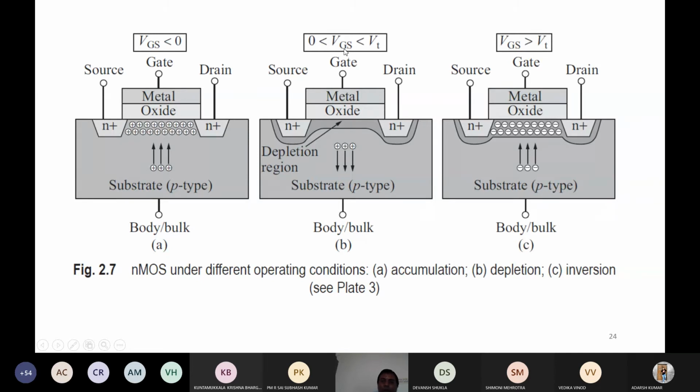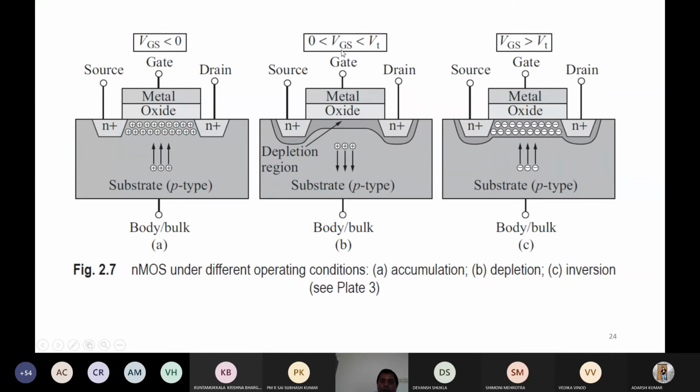If the gate voltage is positive but less than the threshold voltage, then there is this depletion region shown. But n plus is forming a PN junction with the P region. So an n plus P junction is formed here. There is a barrier, no conduction is possible between the drain and source.